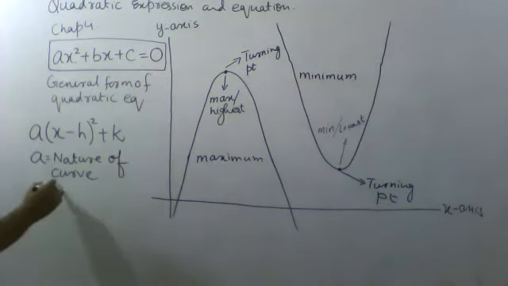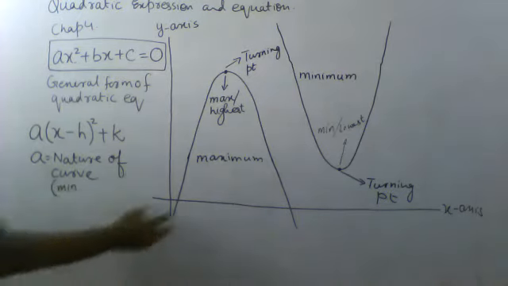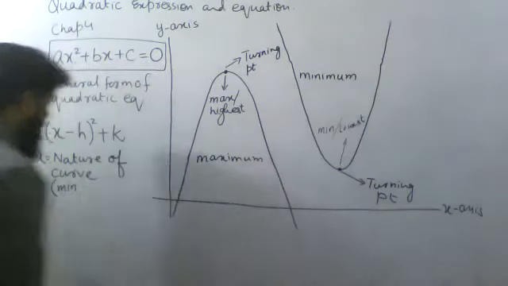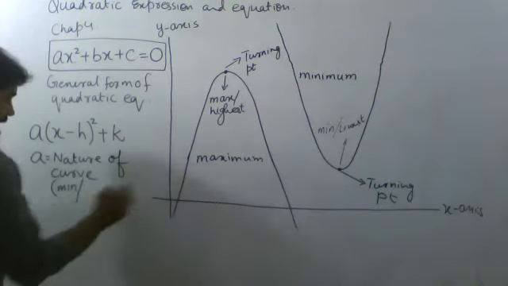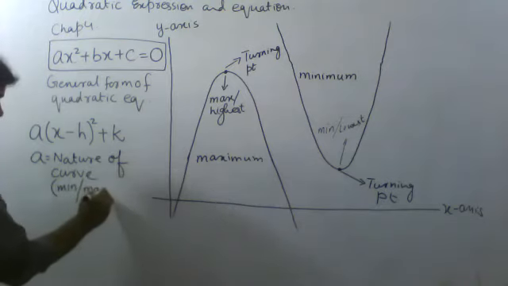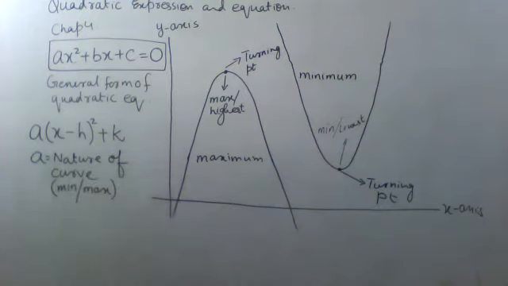Nature of curve means that either the curve is minimum or the curve is maximum. This you are going to determine from the value of a.